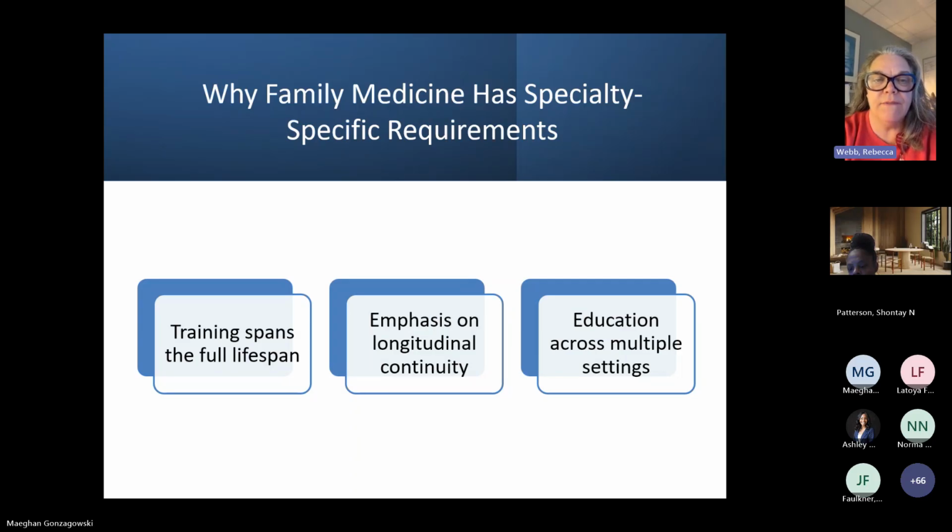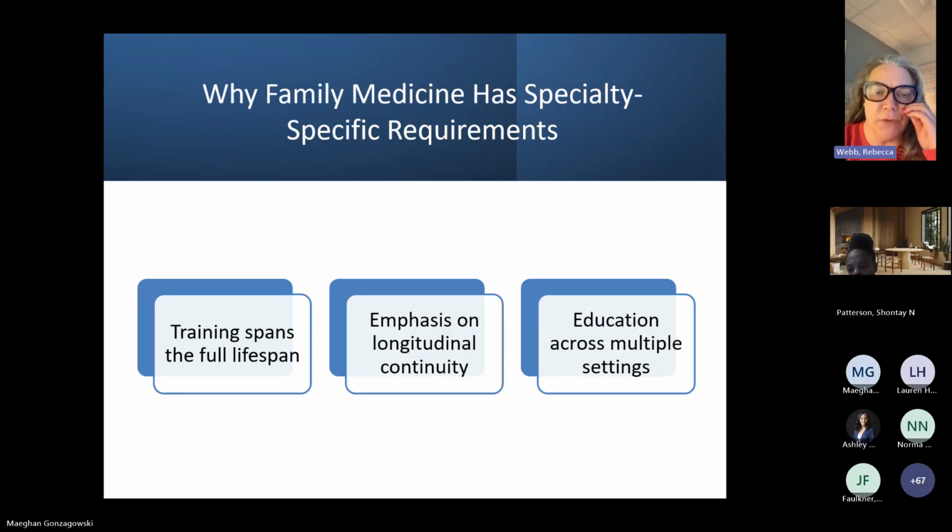So why does family medicine have specialty specific requirements? The reason being is training spans the full lifespan, so it's very different from any other specialty. There is an emphasis on longitudinal continuity. We are one of the only specialties that concentrate on continuity over the entire time of training.